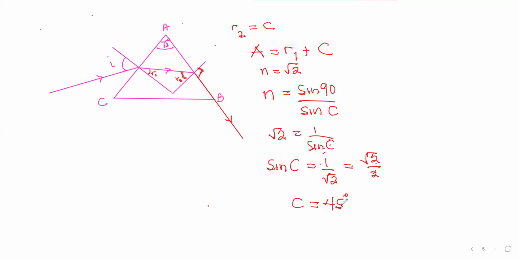So it means the second angle of refraction, R2, is also equal to C. Since A is 75, R1 is equal to A minus R2, which is C. So 75 minus 45 gives us the first angle of refraction, and that is 30. So R1 is 30.